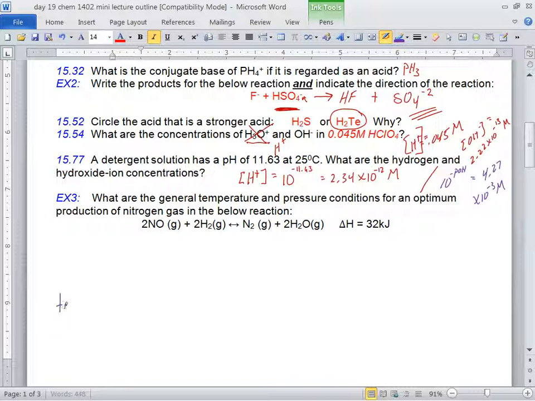For temperature, it could be high, low, or doesn't matter. For pressure, same idea: high, low, doesn't matter.